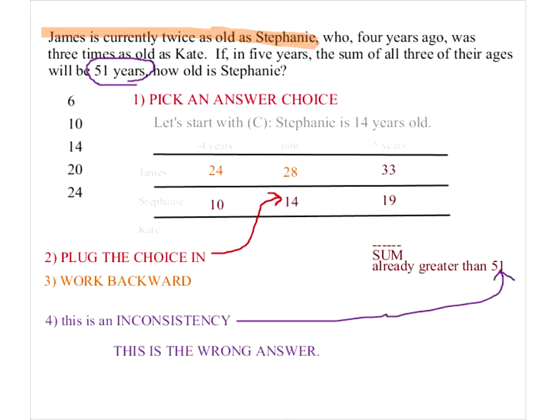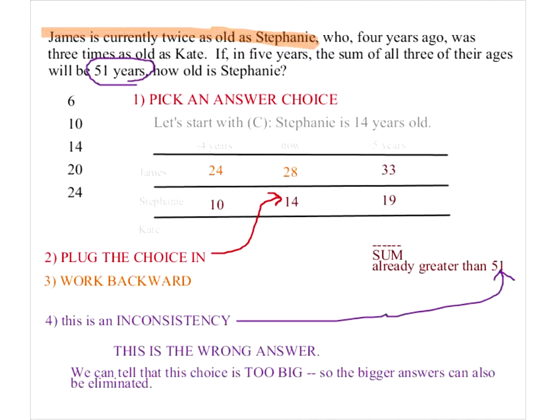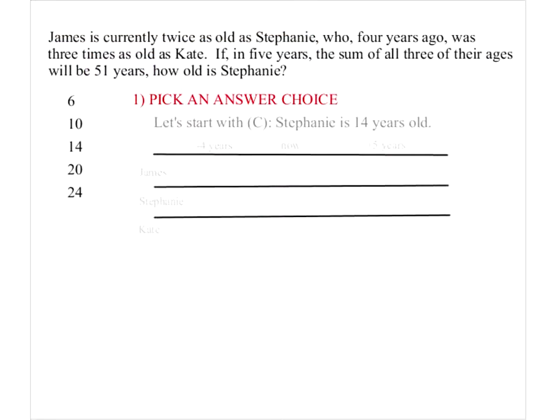So because the middle choice is incorrect, we can tell that this choice is too big. So the bigger answers can also be eliminated. So based on this, we've crossed off 3 choices already. 14 is gone. 20 is gone, and 24 is gone.